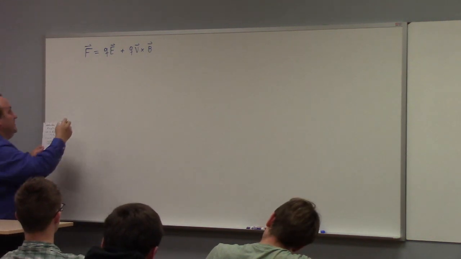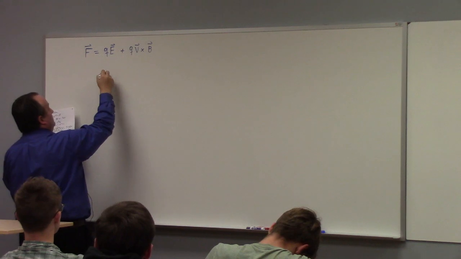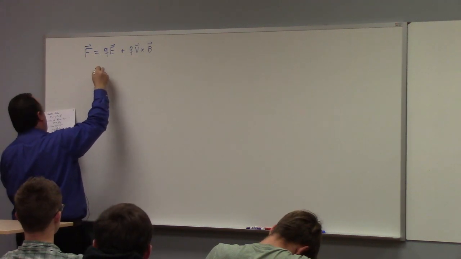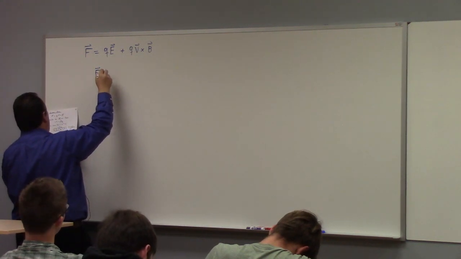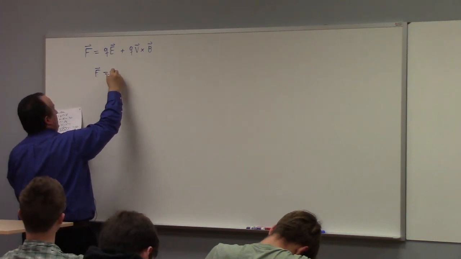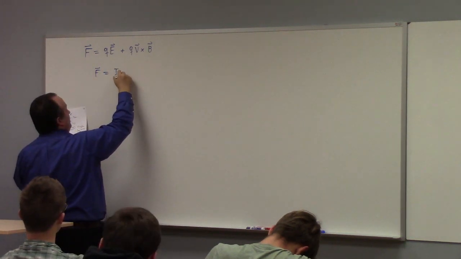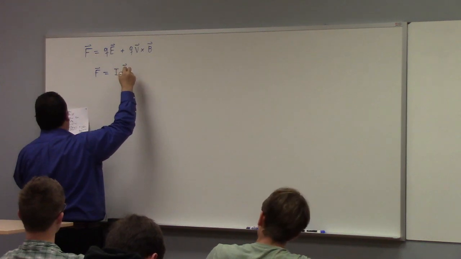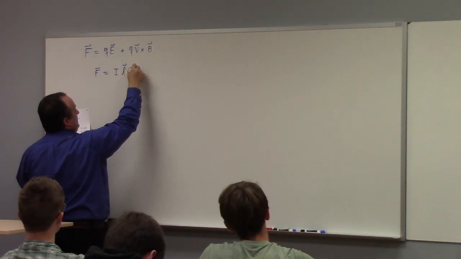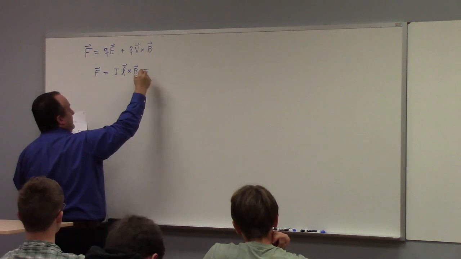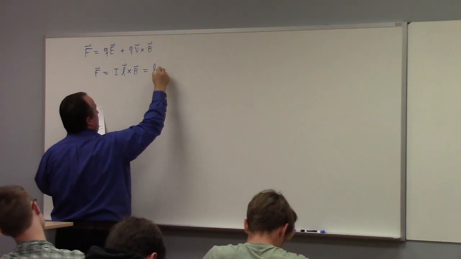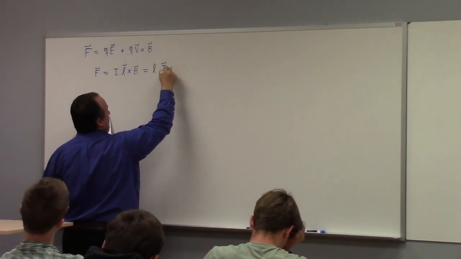And we derived that the force on a current you could write as the current times the length vector crossed with the magnetic field, or if you prefer, you could write the length times the current vector crossed with the magnetic field.